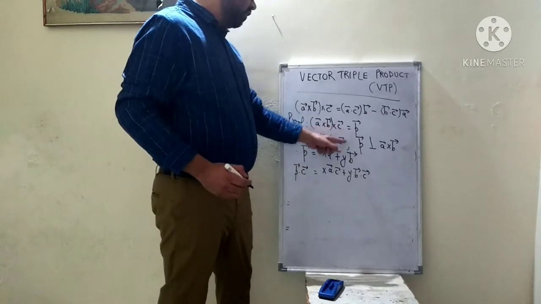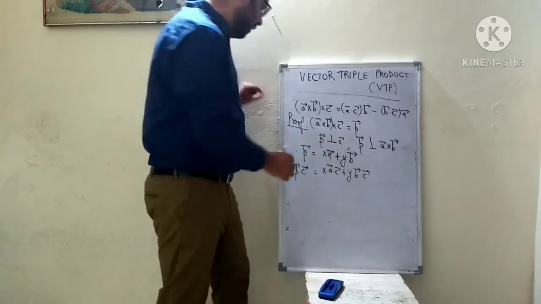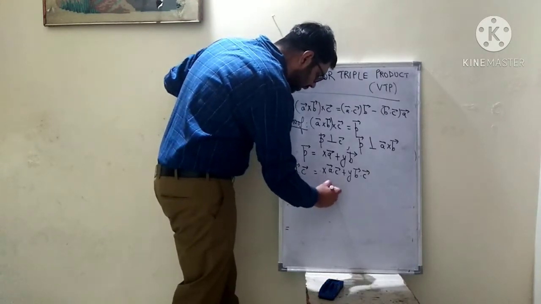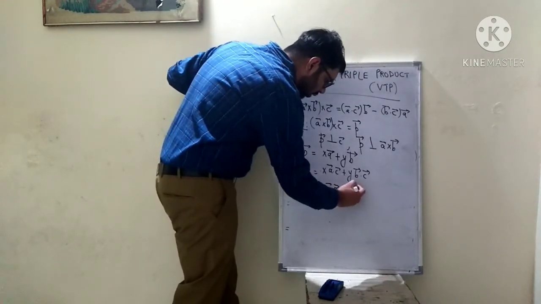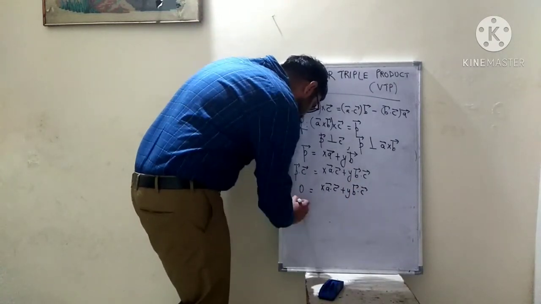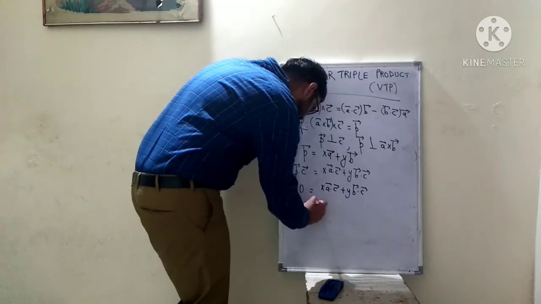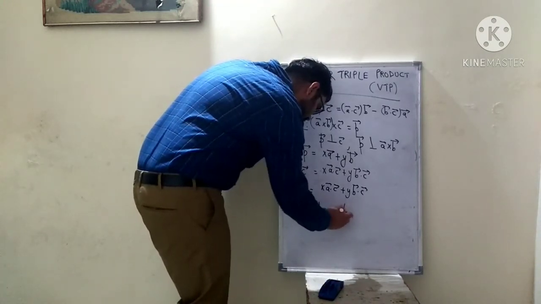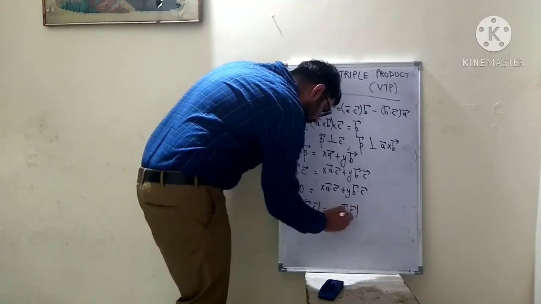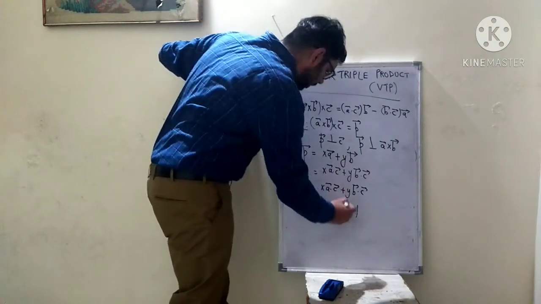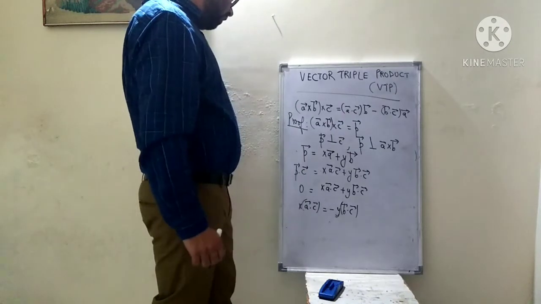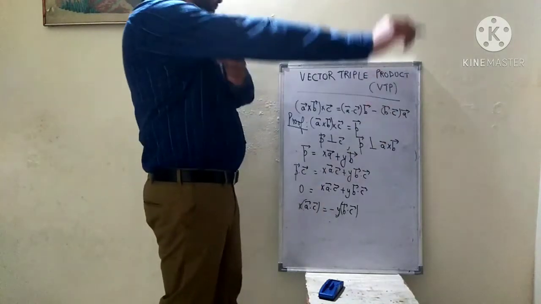So P dot C is x times A dot C plus y times B dot C. So if I rearrange these terms, x times A dot C is equal to minus y times B dot C, right?